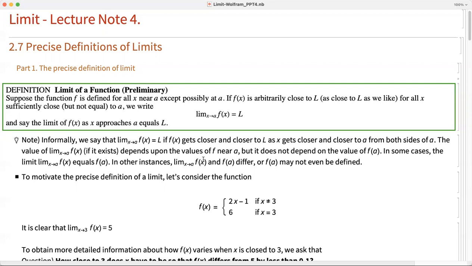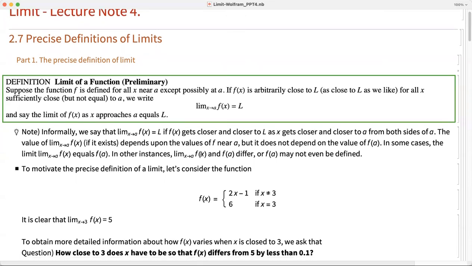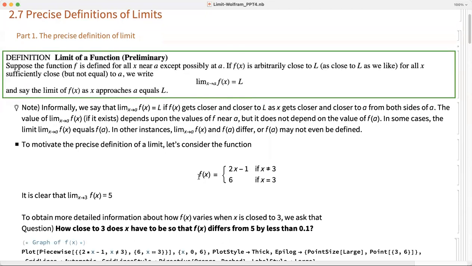To figure that out, let's look at a simple example. This is a piecewise function. Before going further, I'm pretty sure you already know that in a limit, the value depends upon the values of f near a, but it does not depend on the value of f of a.